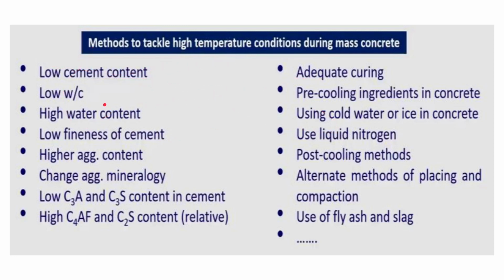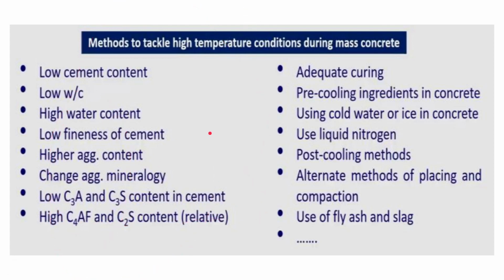These are a few of the ways listed which can help in tackling high temperature conditions during mass concrete. One is using lower cement content, so that will reduce the amount of heat generated. Second is lowering the water cement ratio. Then low fineness of cement, then higher aggregate content, changing aggregate mineralogy, low C3A and C3S content in cement, and higher C4AF and C2S content relative.